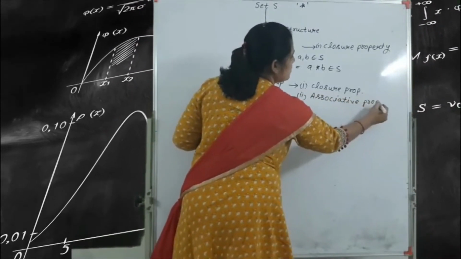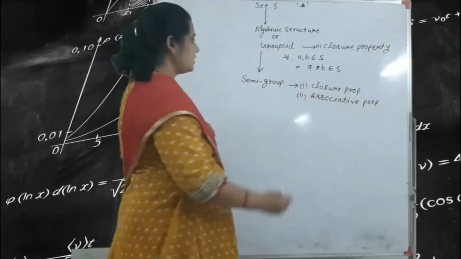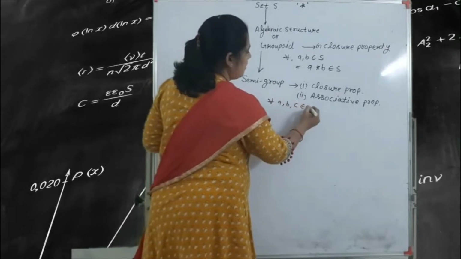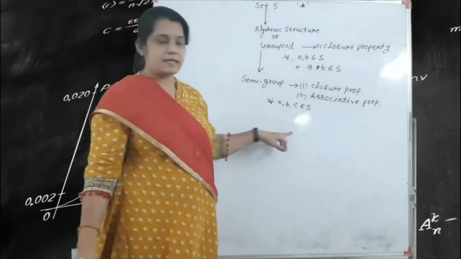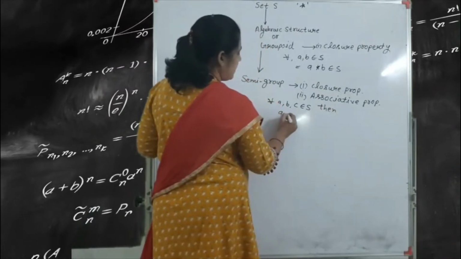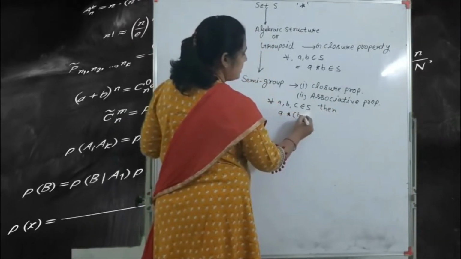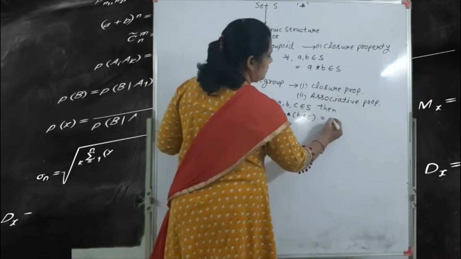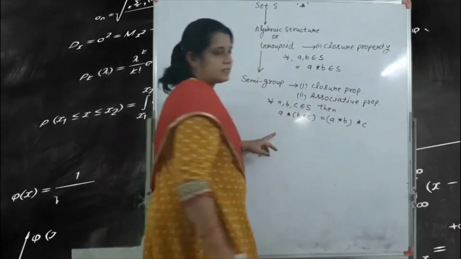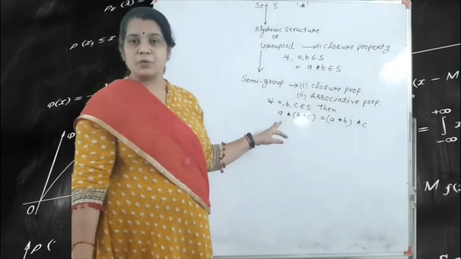Associative property means: if for all A, B, C belongs to the set S, then (A star B) star C is equal to A star (B star C). This is the associative property.